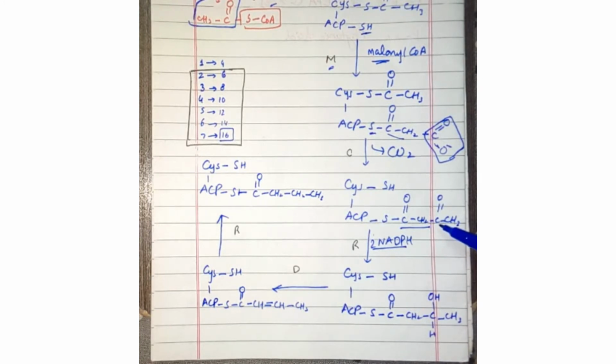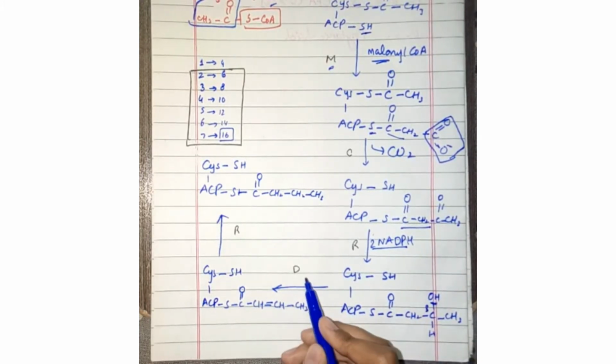So 1 hydrogen will be added to carbon 3 and 1 hydrogen will be added to the oxygen of carbon number 3. So there is hydroxyl group formation on carbon 3. The structure will simply be called 3-hydroxyacyl-CoA.